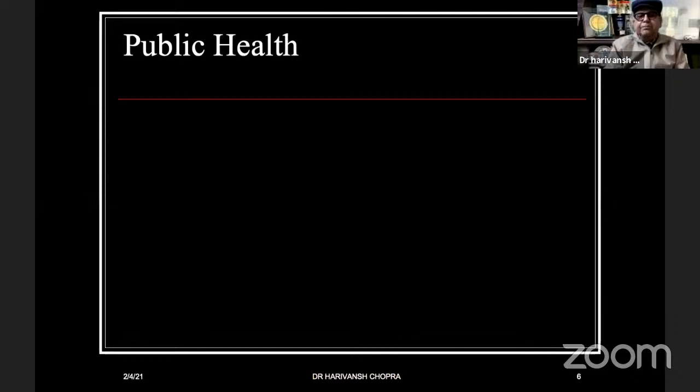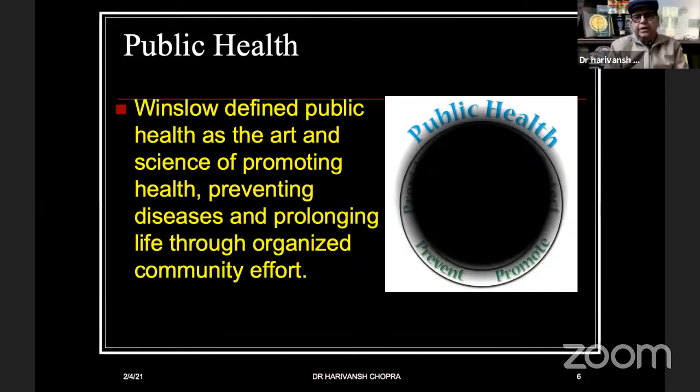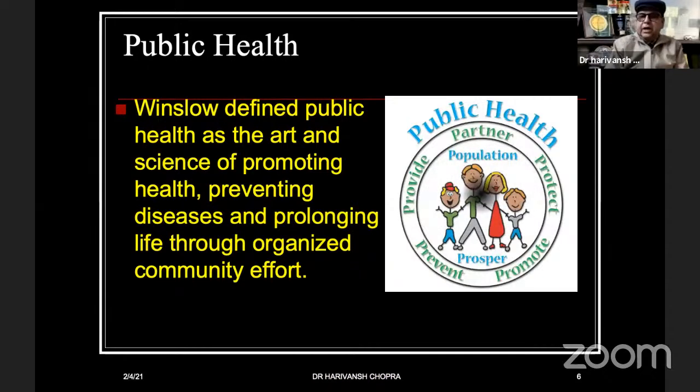Then the term public health came. And what is public health? Winslow gave the definition of public health. He said that public health is defined as the art and science of promoting health, preventing diseases, and prolonging life through organized community effort.